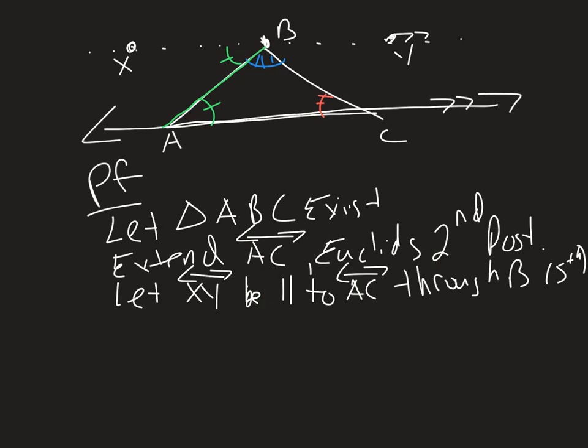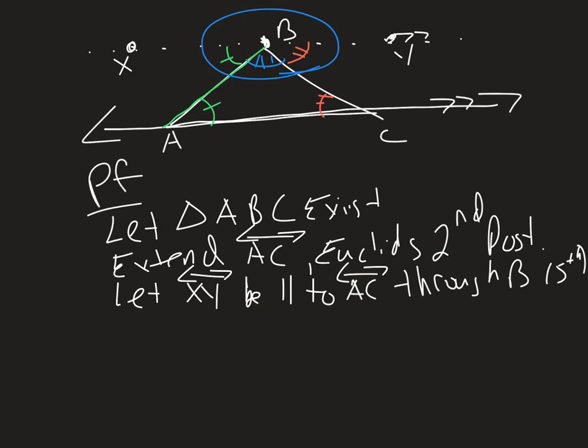And then very similar reasoning, we're looking to get at alternate interior angles. We can say angle ACB is the same as XBC. Now if we look at this, we know that all three of these angles must be 180 degrees because it makes a line. And that's basically what we're going to walk through in our proof.